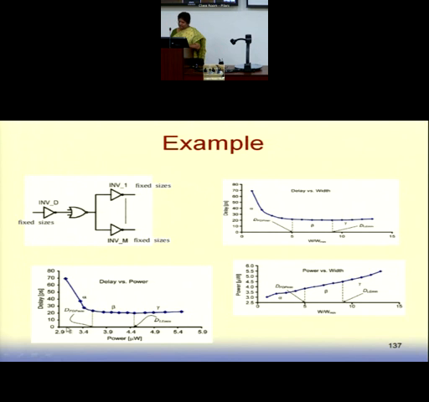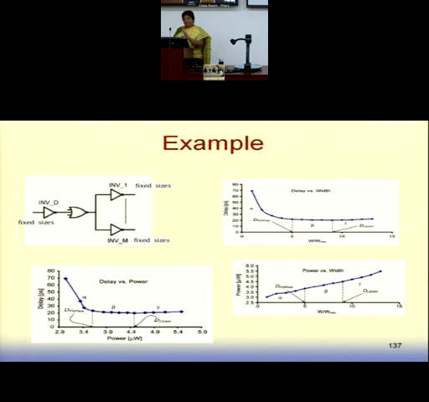Similarly, as you increase, this may be for a particular W. As power is increasing, somewhere here PDP is minimum. This point: if you design this path for minimum PDP, look at what is happening. At this point, power is reducing, but delay is increasing. Here PDP is minimum. If you go below this point, power will reduce, but delay will increase.